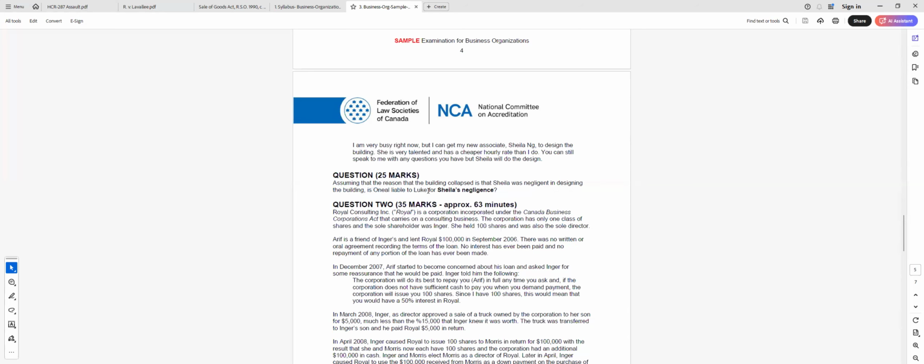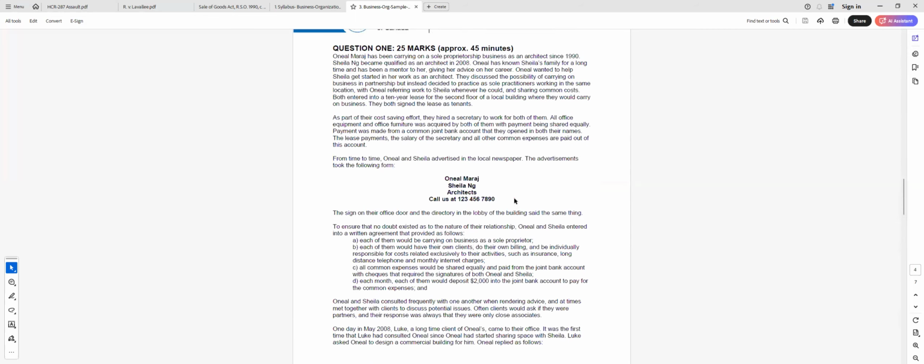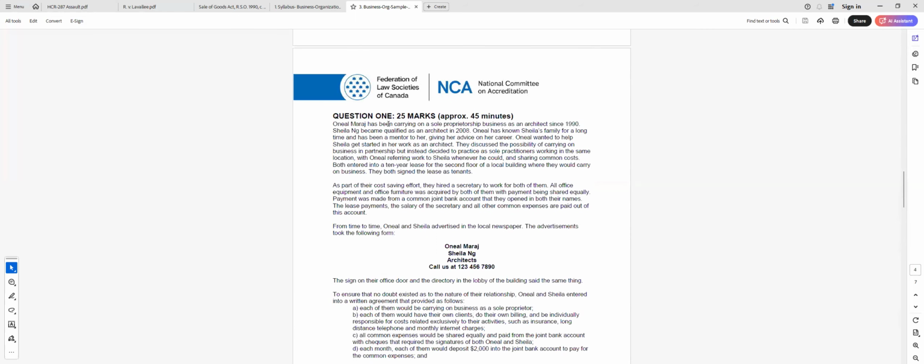Luke seems to be the aggrieved party here, and Sheila is the designer, right? So why is O'Neill liable for Sheila's negligence? Is it a partnership? Is it a sole proprietorship? That we will see here, right? Because their liability we saw in the syllabus, right? So if they are partners, are they liable for each other's actions or not? That also we'll be learning. Liable for a third person's action or not.